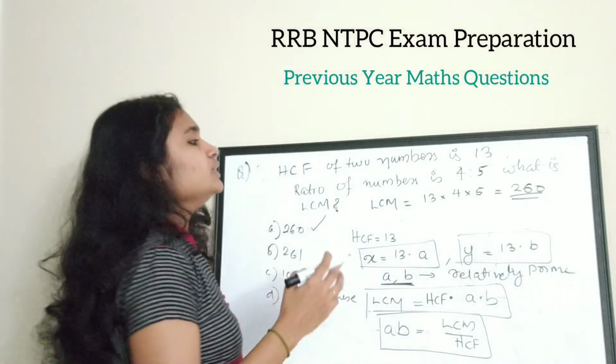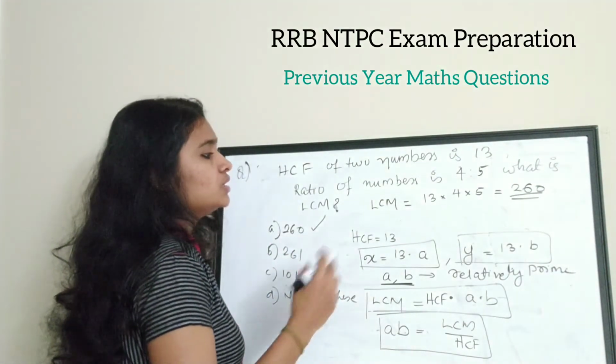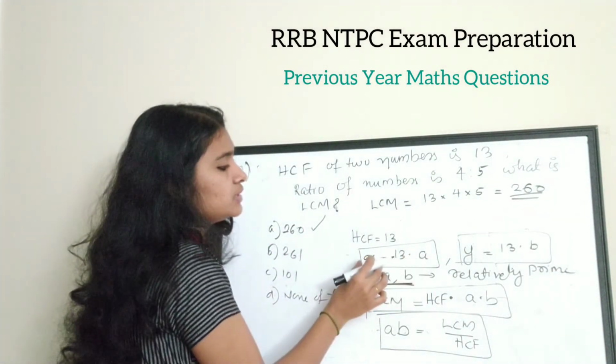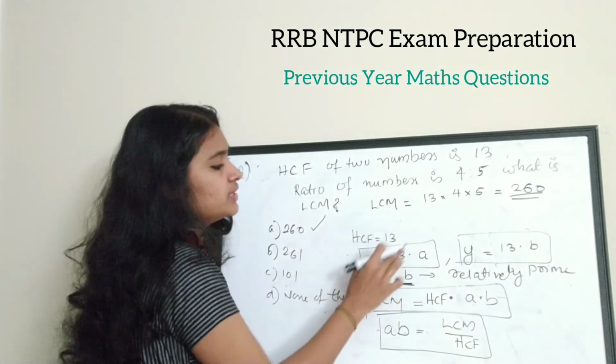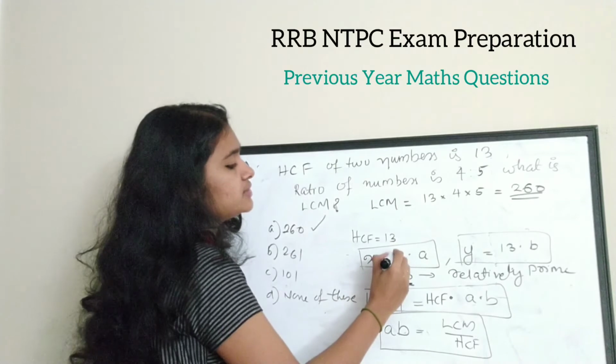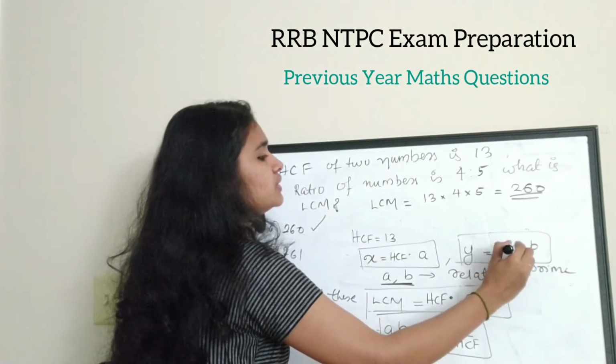And also, if you are asked to find the numbers, how will you find the numbers now? Okay, so here the x value equal to 13 into A, right? So here, I'll remove this and write it as HCF itself. Here also HCF, right?